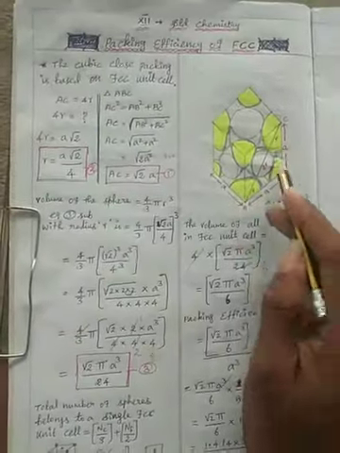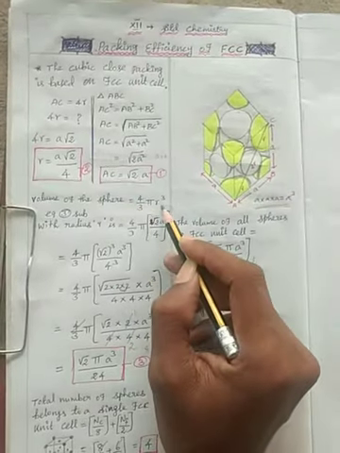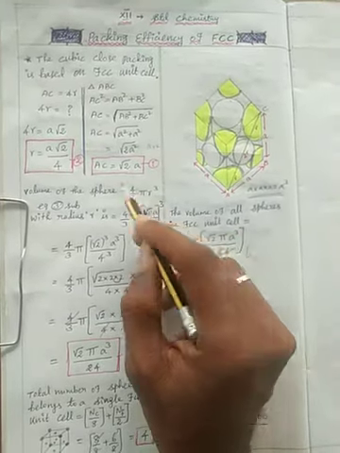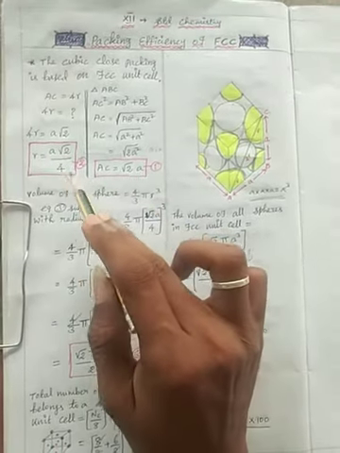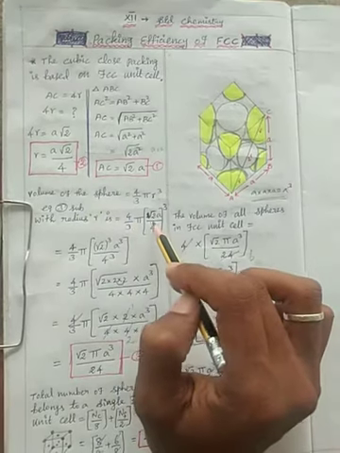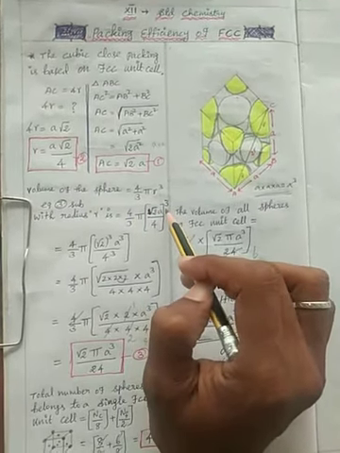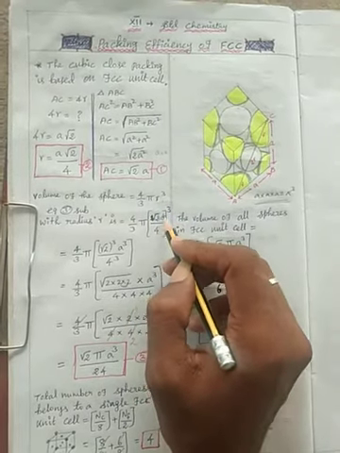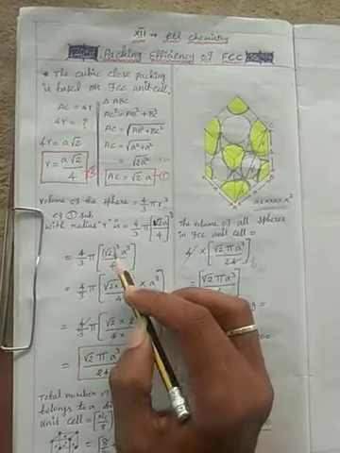The volume of the sphere is 4 by 3 pi r cubed. Substituting the R value, a root 2 by 4, whole cubed. Inside, we get root 2 cubed, a cubed, over 4 cubed.